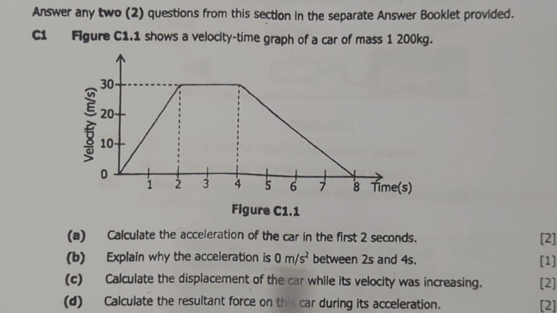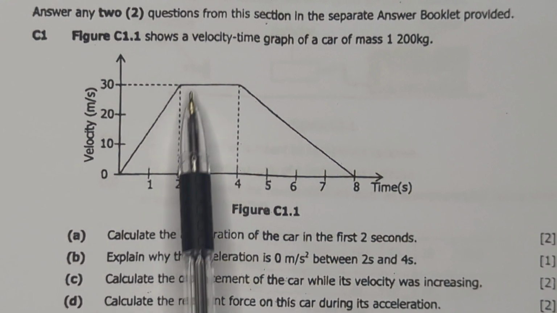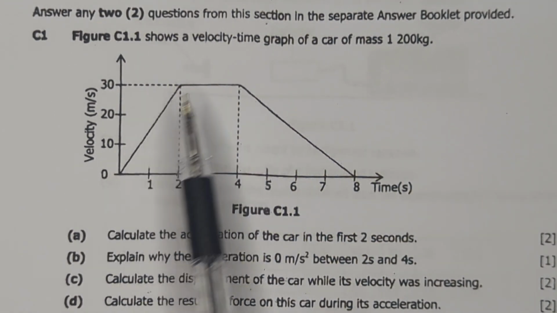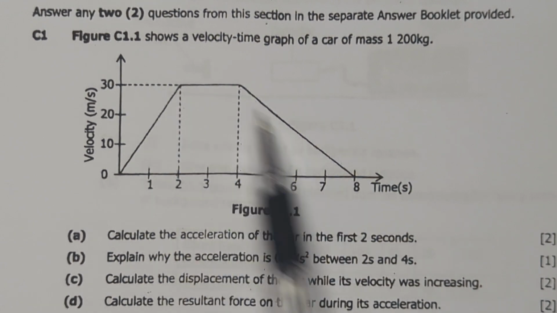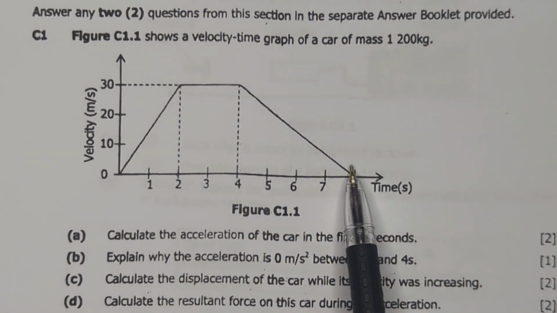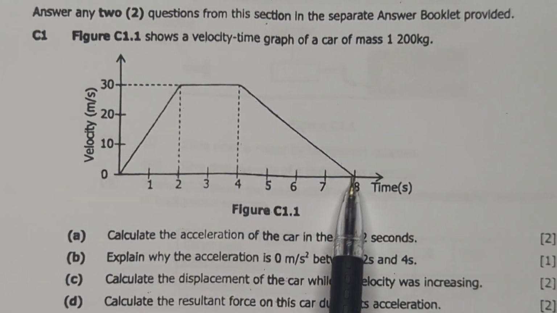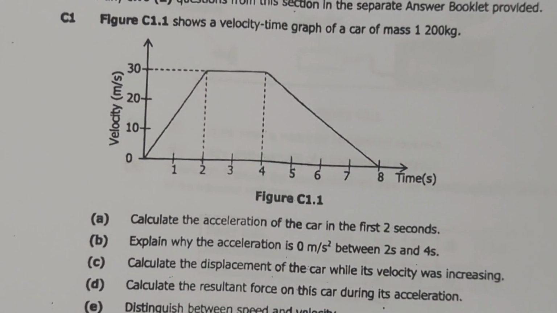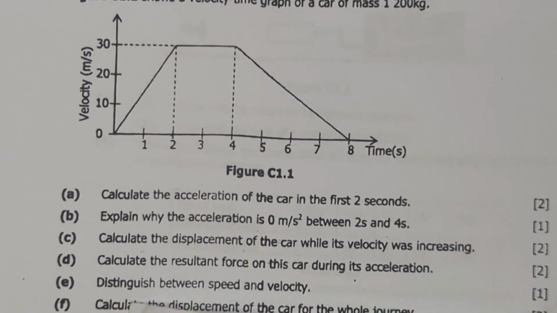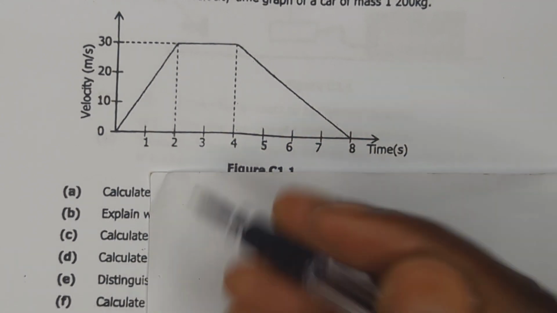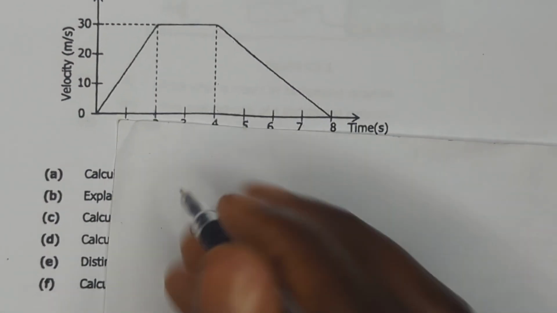So if we check the shapes that we have, we can divide this into 3 parts. This is the triangle, this is a rectangle, and also this is a triangle. Or if we don't divide this part, if we check this shape, this is a trapezium. So for this one, you can use 2 ways to find the distance. So I'll start with the trapezium.